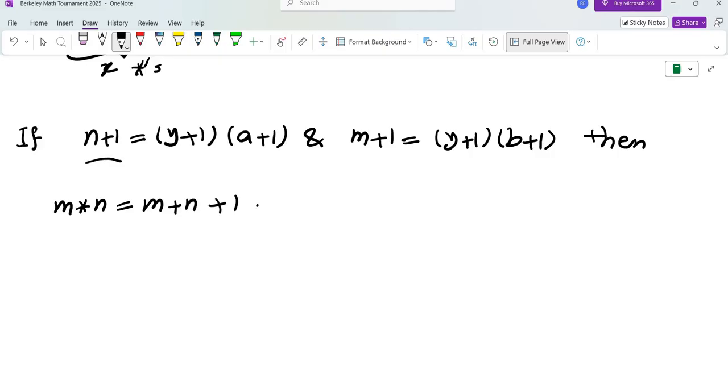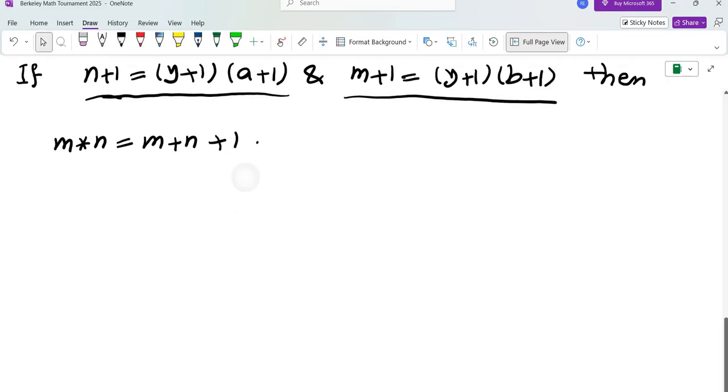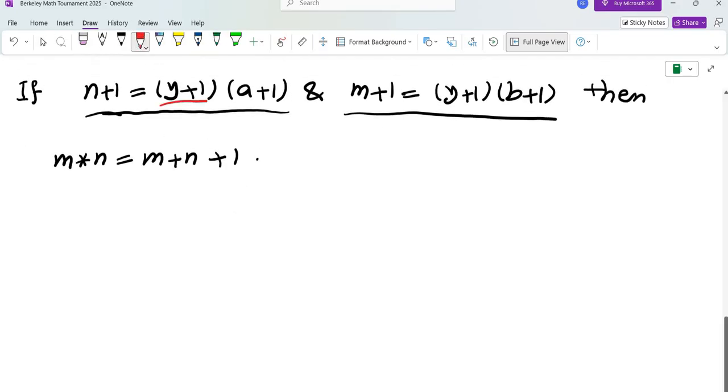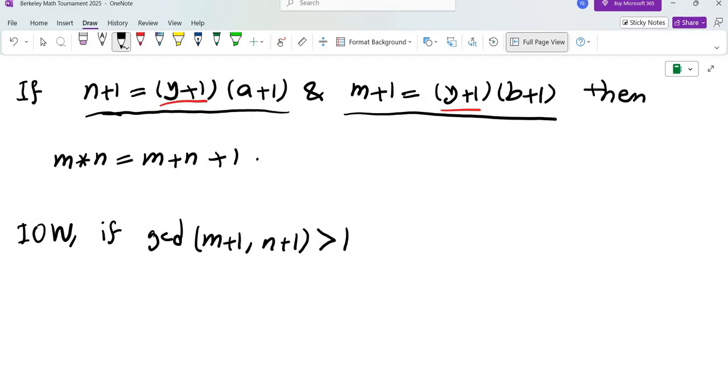Now, what do these two conditions give us? Well, they tell us that there is a common factor of y plus 1 between the two. So in other words, if GCD of m plus 1 and n plus 1 is more than 1, then in fact we can say m star n is m plus n plus 1.